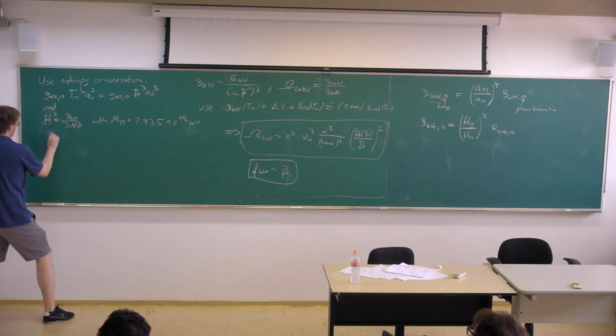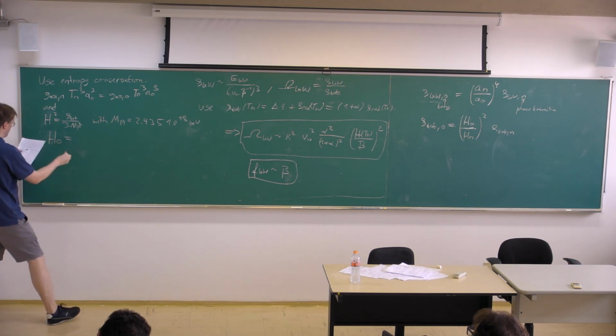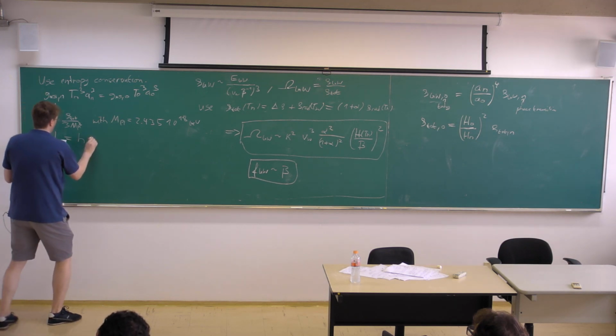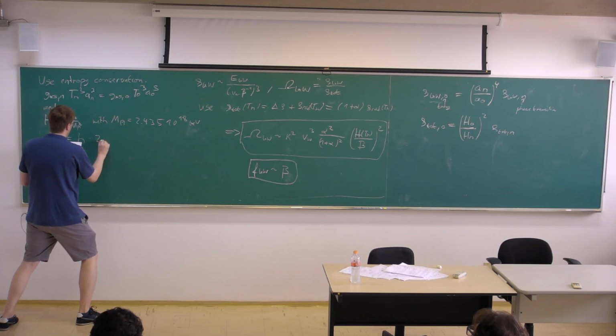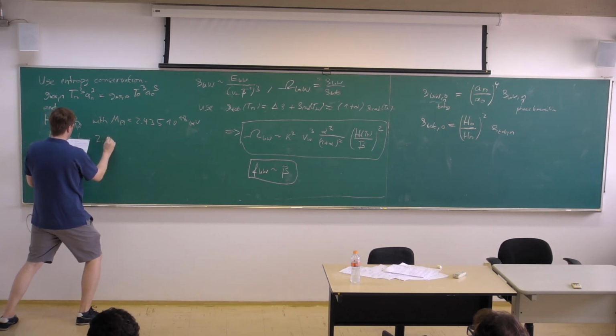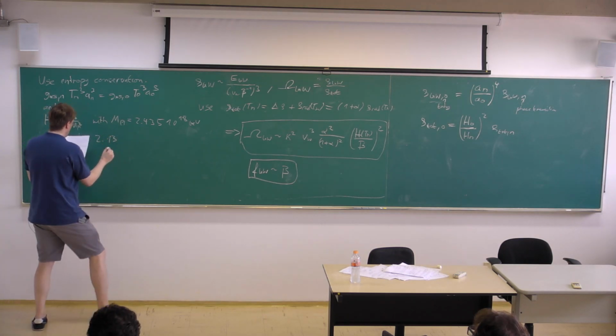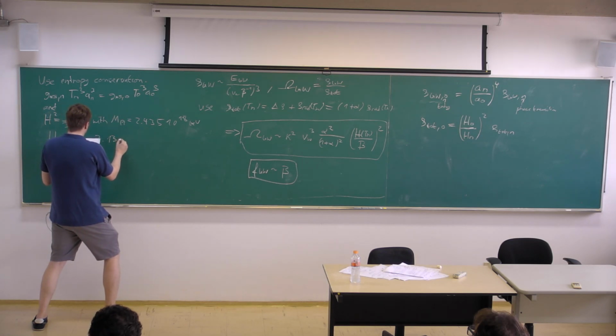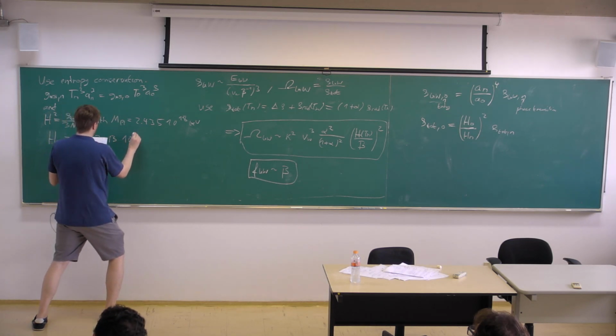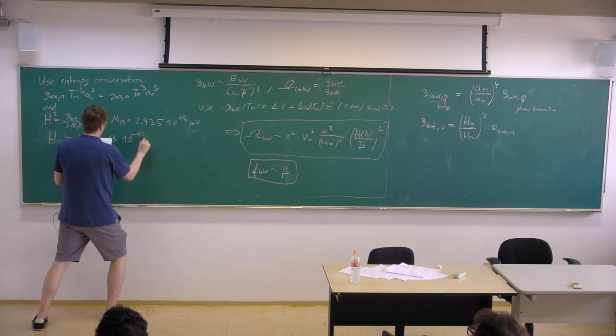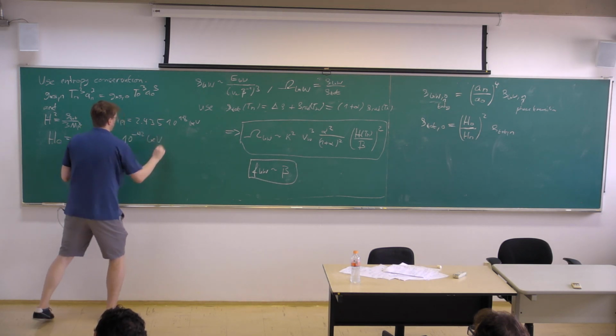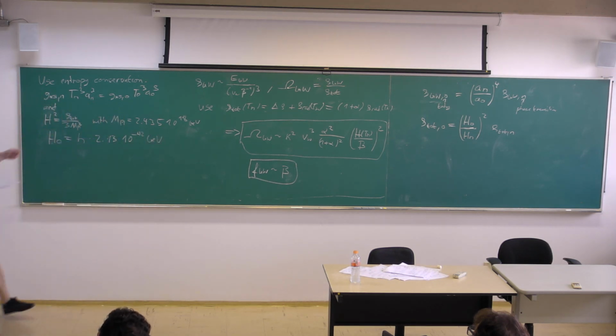I use the Hubble rate today, which is measured. This is the little constant little h, which measures the Hubble rate in units of 100 kilometers per second per megaparsec, and it is about 0.67 or so, and then times this.